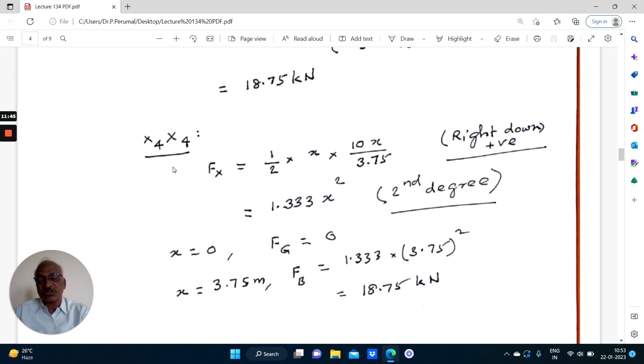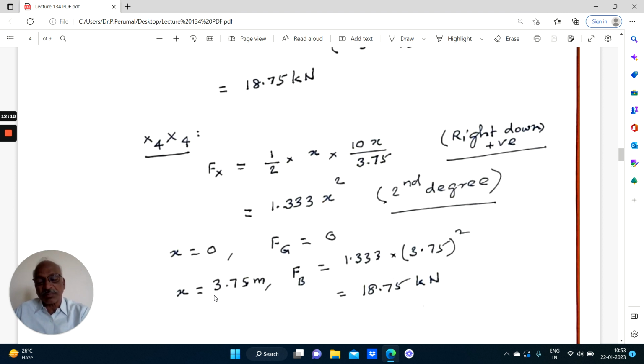Coming to the shear force to the right of the section, if you are confident this equation is not necessary, straight away you can find the shear force as the total load. The usual procedure is to consider a section XX at a distance X from the right end; this is the equation in which you substitute X equal to 0. The shear force at G, at the free end, is 0.